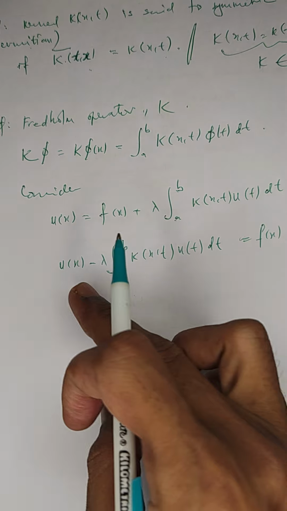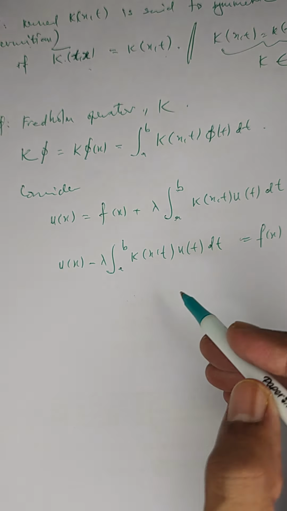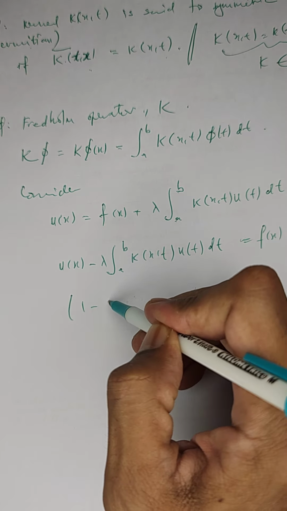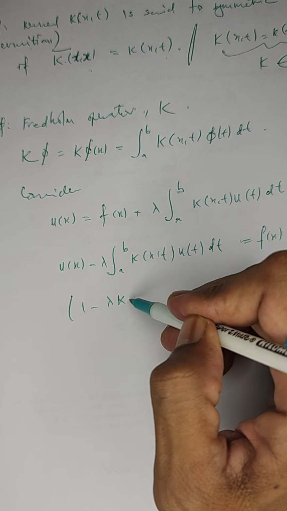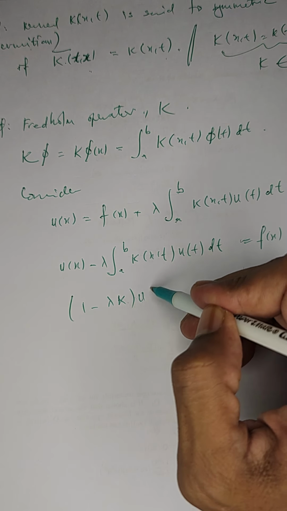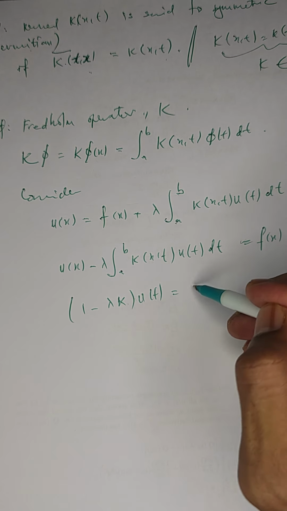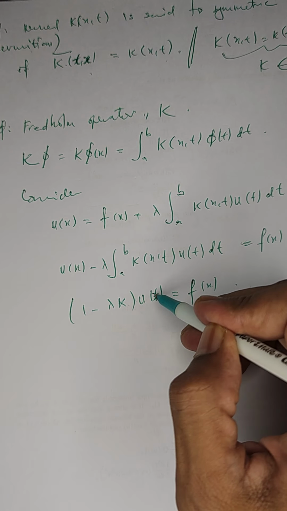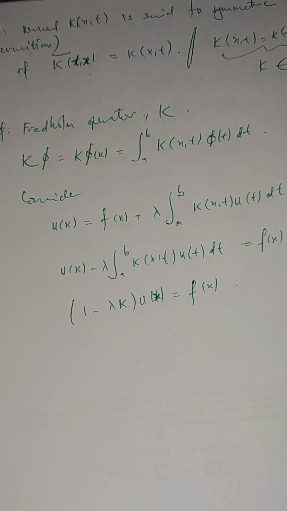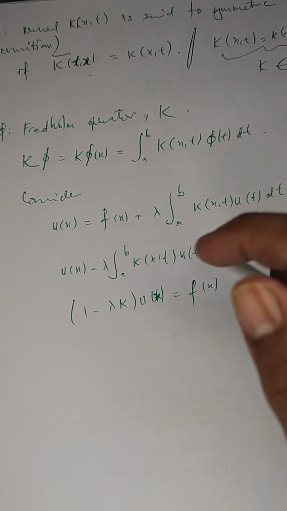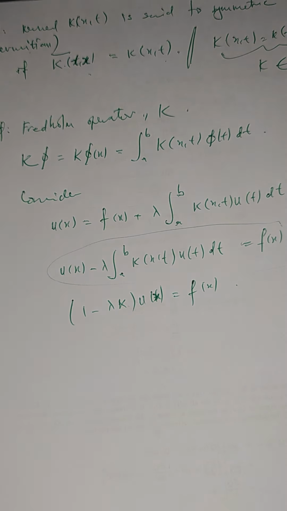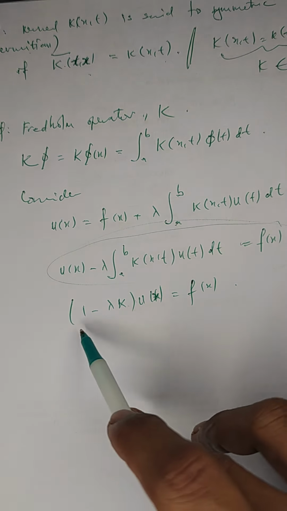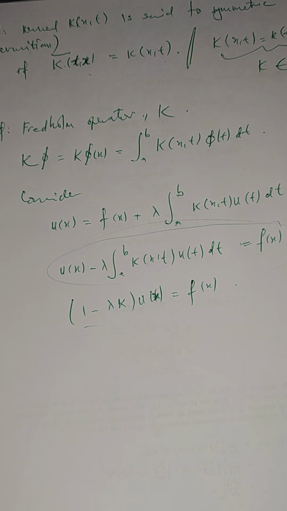In terms of the operator, you can write 1 minus lambda K applied to u equal to f. So instead of writing it so long, in terms of the operator it is very short.